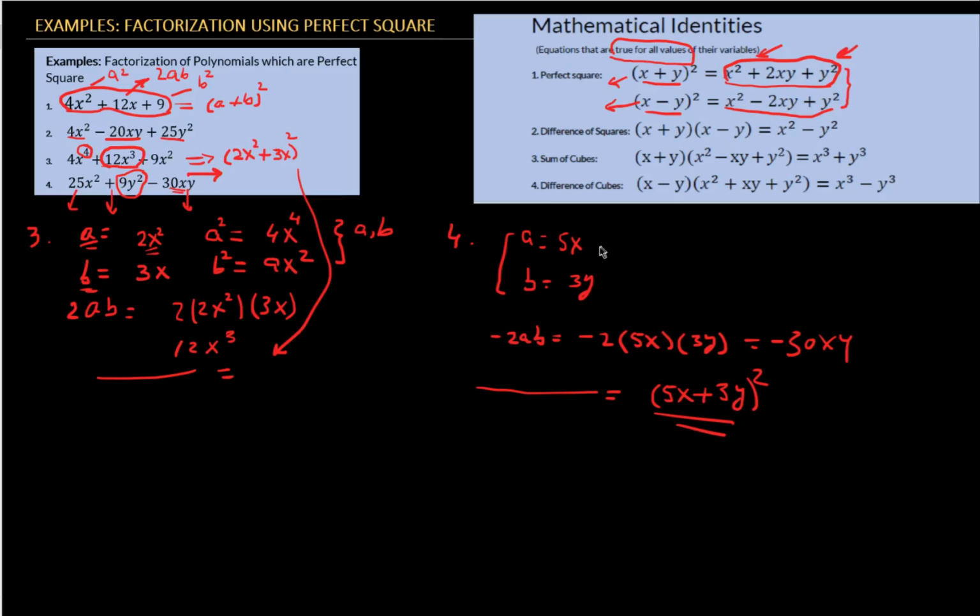You have seen that a square is there, b square is there, 2ab is there. So when you add a square plus 2ab plus b square, you get a plus b whole square. So this is our a and this is our b. So this is the way you factorize the perfect square polynomials. So hopefully you will be able to solve all the homework problems now.